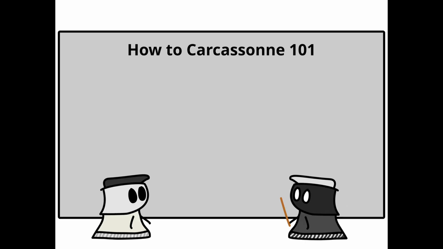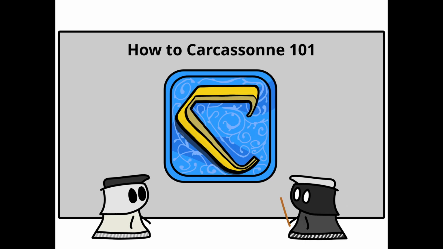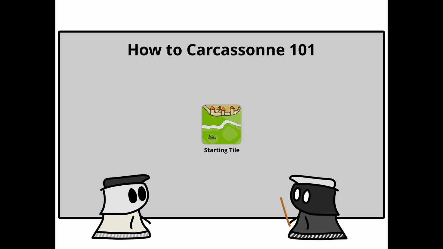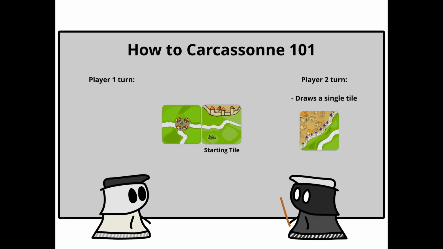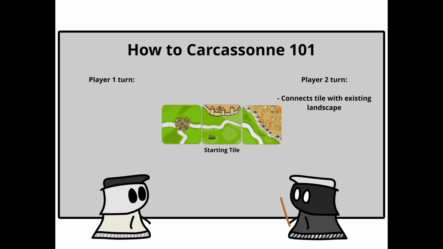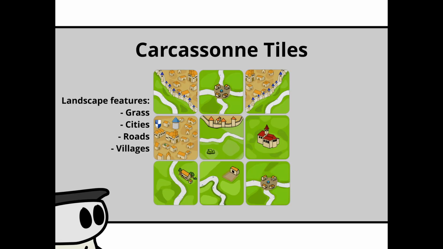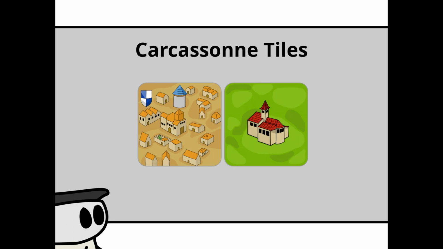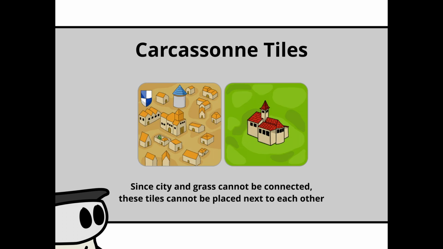On the other hand, Carcassonne is another board game in which players build a landscape. Every turn, players draw a single tile from a stack of tiles, known as the draw pile, and use it to extend the current landscape in some way. Tiles themselves are marked with different landscape features, and players can connect the drawn tile to any tile that has been placed on the board if both tiles have their landscape features match in some form.